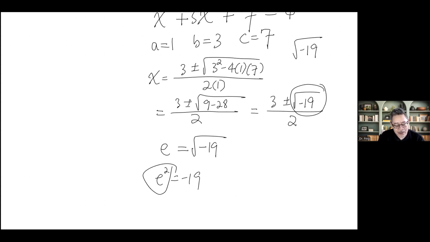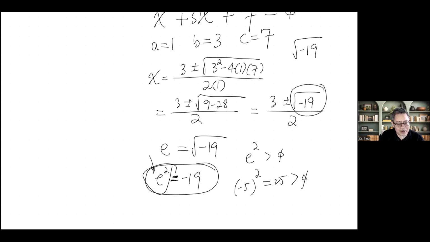Our real number is either positive or negative. If it's positive, then the positive number squared is greater than 0. And if it's negative, say negative 5, that squared is also positive. So no matter what kind of real number, we won't be able to find a real number that makes this true. So that means this number is not a real number.